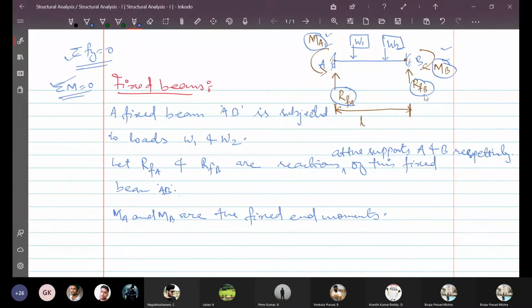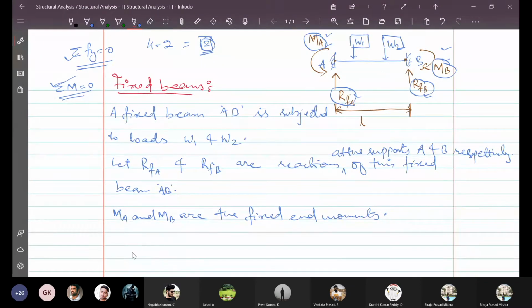Four unknowns minus two equations of equilibrium means 2. So we need two additional conditions in order to find the moments. That can be done in two stages.